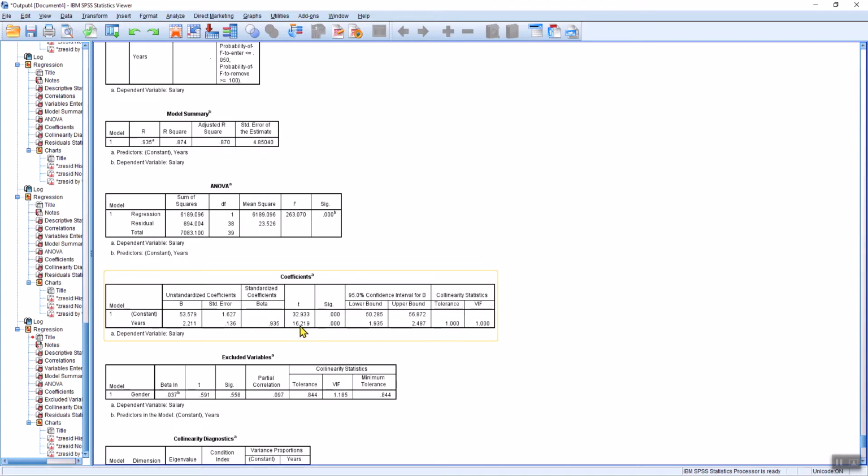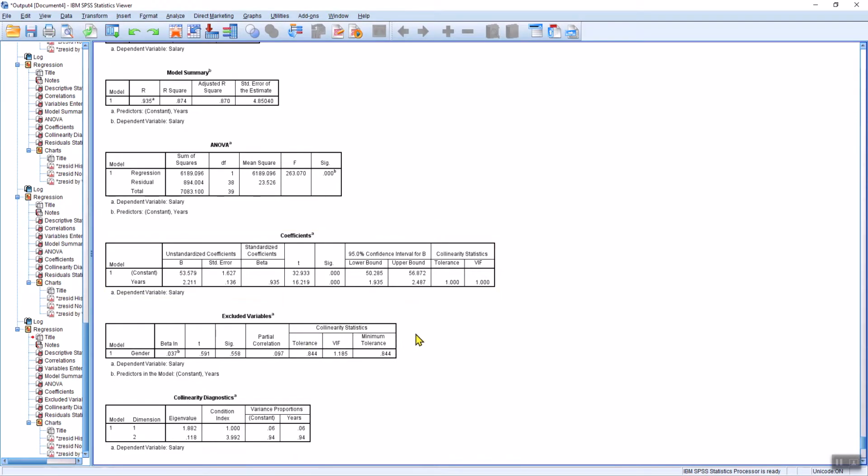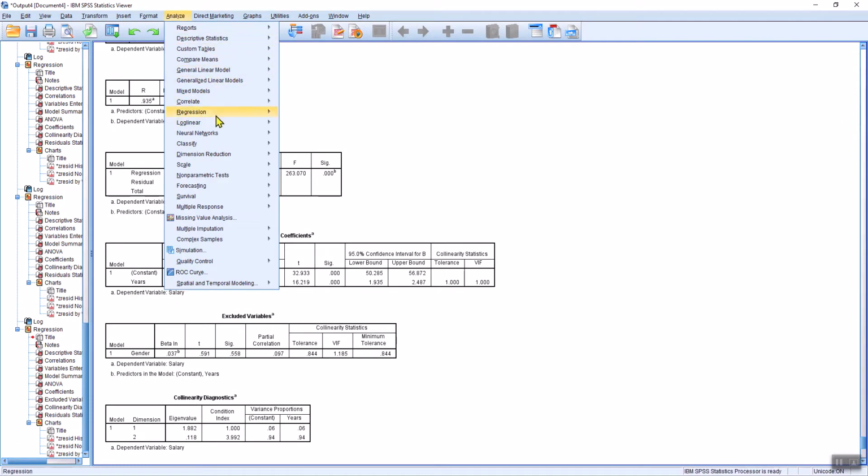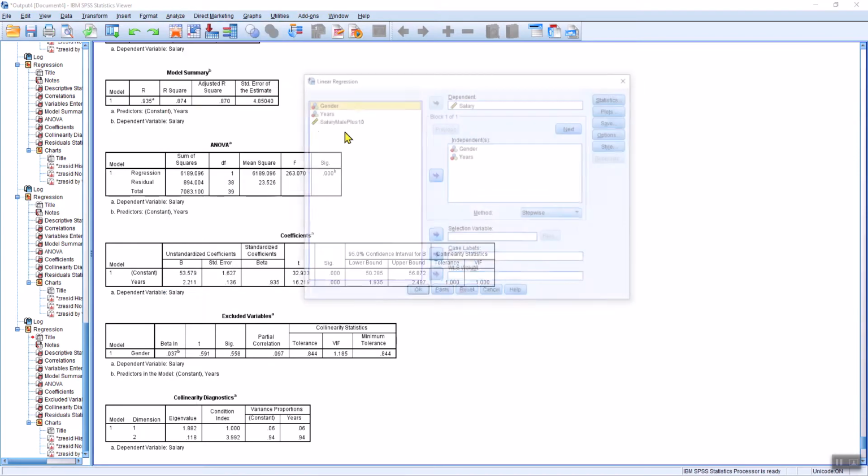Before it was 15.5, I think, 15 point something. And now it's a little bit larger because in stepwise regression, what happens is that if a variable is not significant, then it doesn't get entered into the model. And that allows years with a company to use up all of the variance available to it to explain the outcome, and that's why it gets a little bit larger. So there are differences based on which version you use, which version of the entry method.